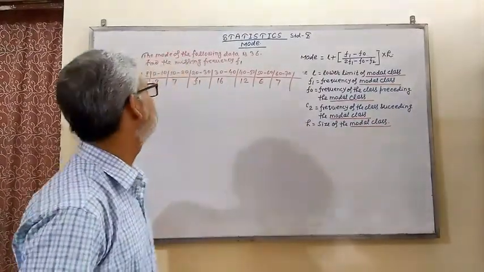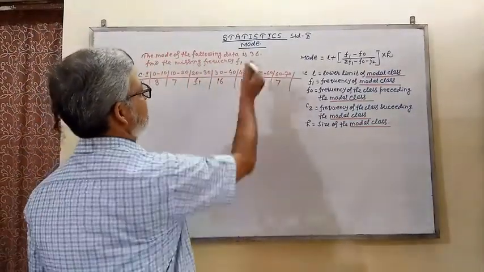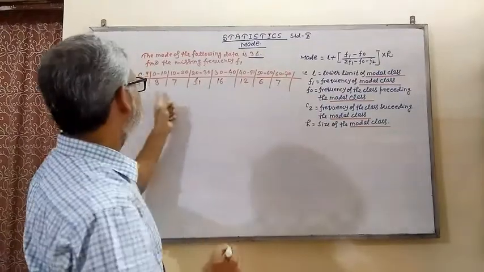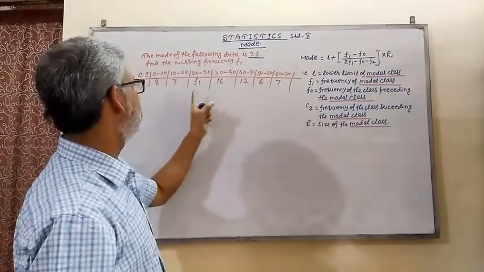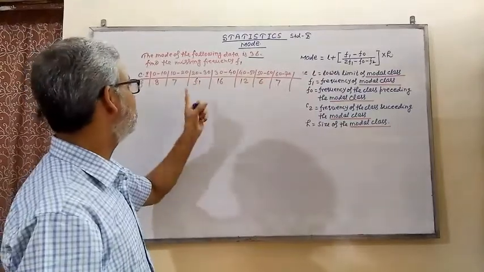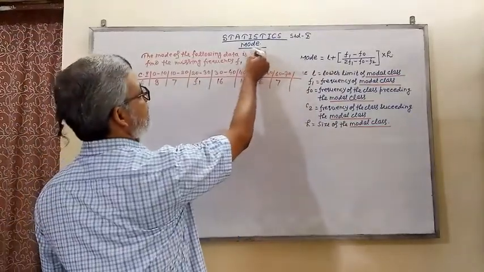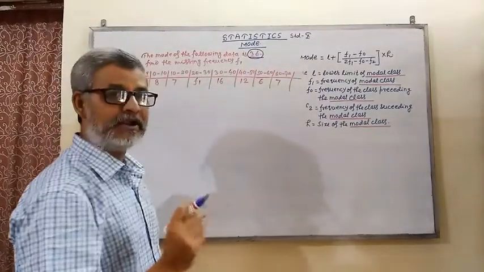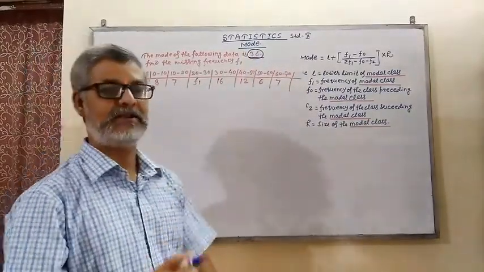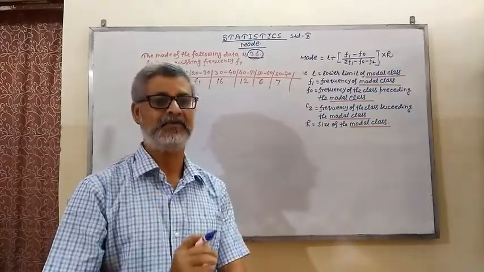So now here you see, the mode of the following data is 36. Find the value of the unknown frequency, that is F1. Class intervals are given, all frequencies are given, but one frequency is unknown. The mode is given as 36. It means 36 lies in which class interval? That is our modal class.